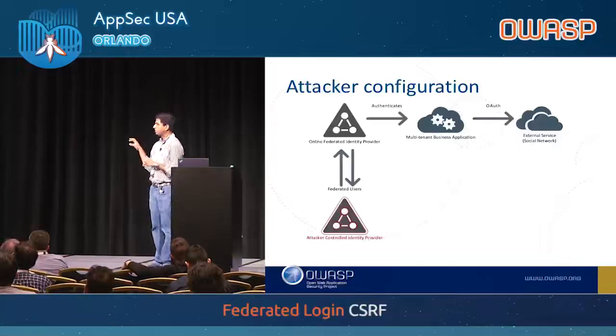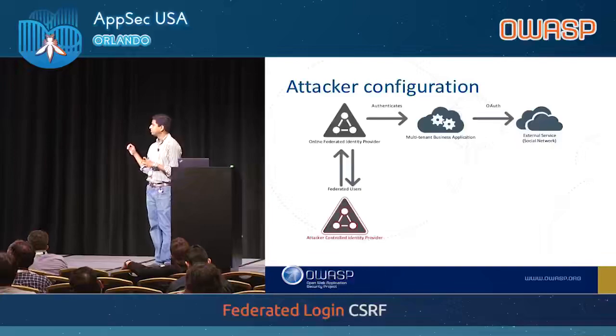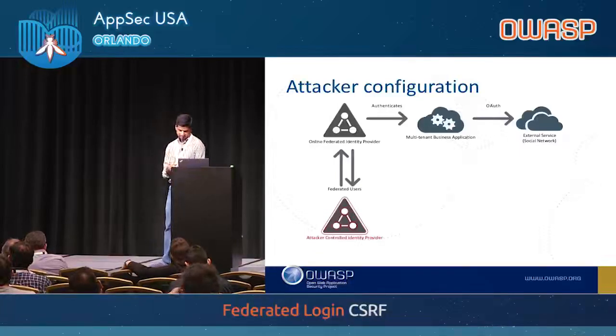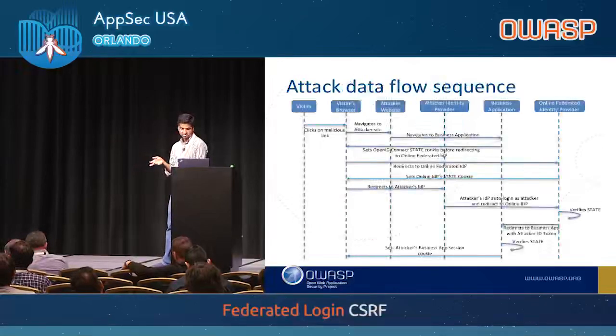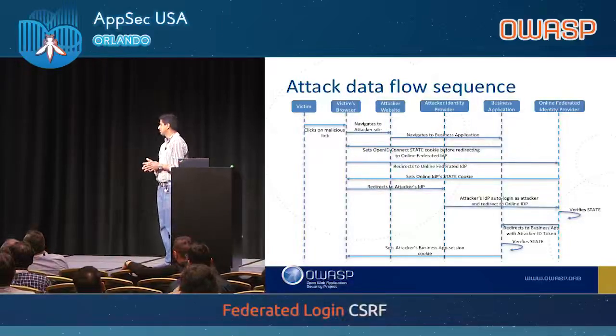The business application, being a multi-tenant application, allows users to sign up for new tenants. And each new tenant can have its own identity provider because of the federation support. If this is configured correctly by the attacker, what they can do is a sequence of steps that ends up with information disclosure. So let's go through this sequence flow.